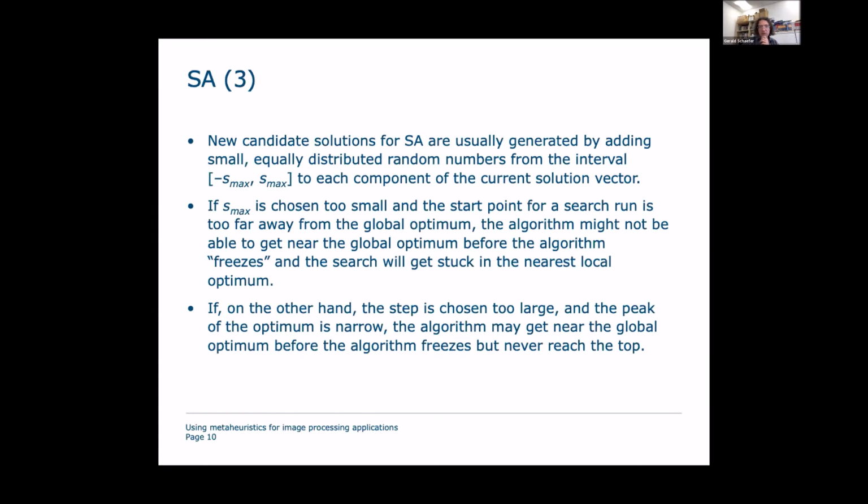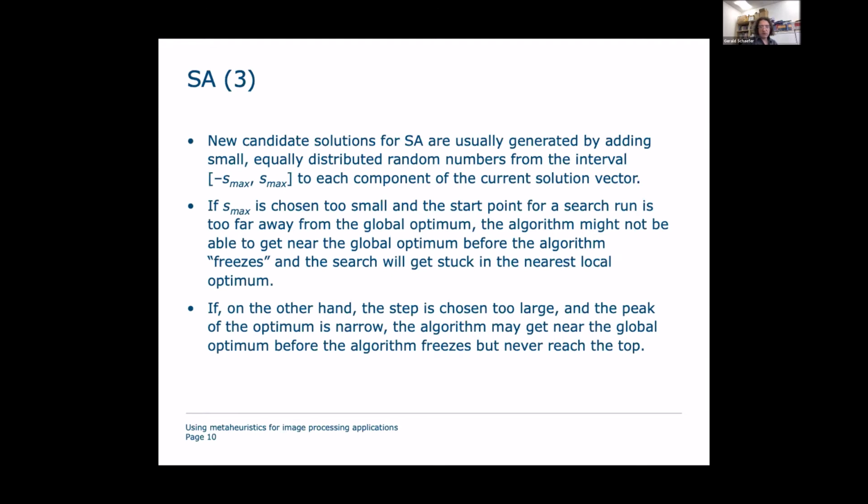If the step width is too small, we risk getting stuck in a local optimum, not being able to jump out and find the global one or a better local optimum. On the other hand, if the step width is too large, we might not actually reach the minimum or maximum that we're after.